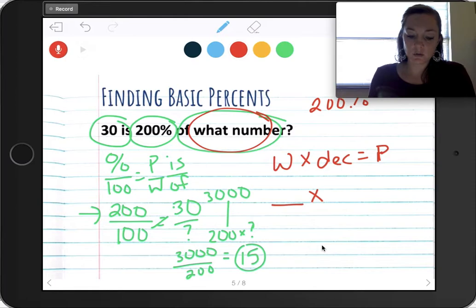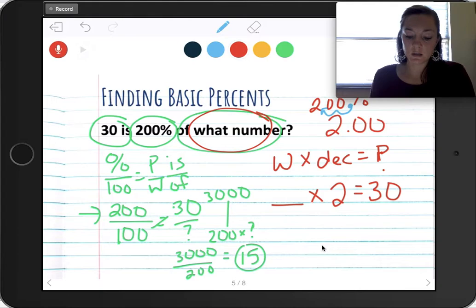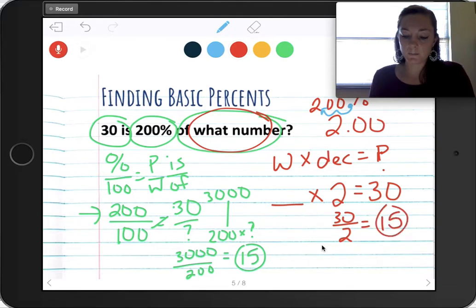If my decimal is behind 200 and I move it 2 times, something times 2 gives us 30, because that's our part, or our is. Something times 2 gives us 30. Well, we can work backwards and we can do 30 divided by 2 to get our 15 there.